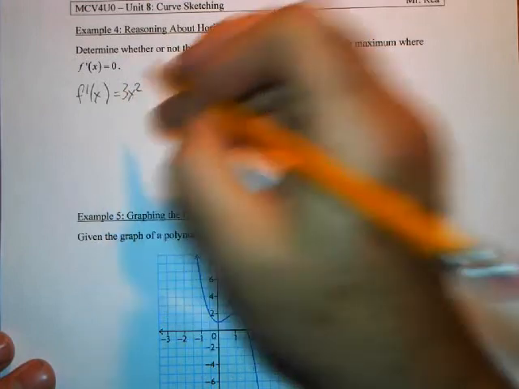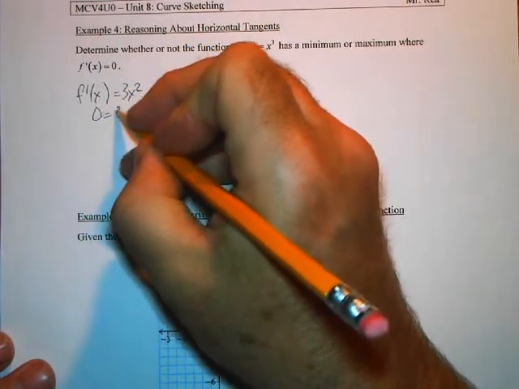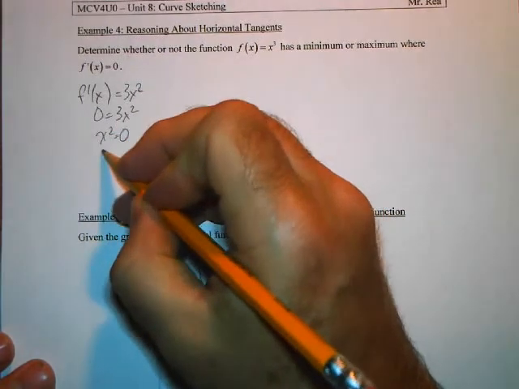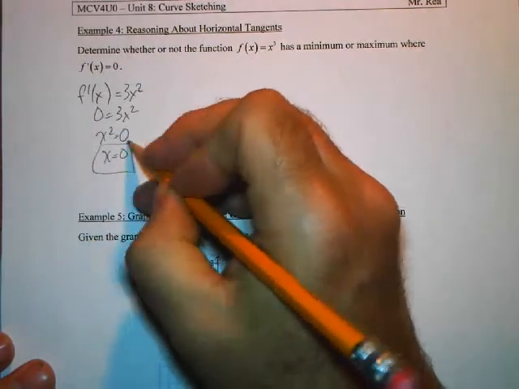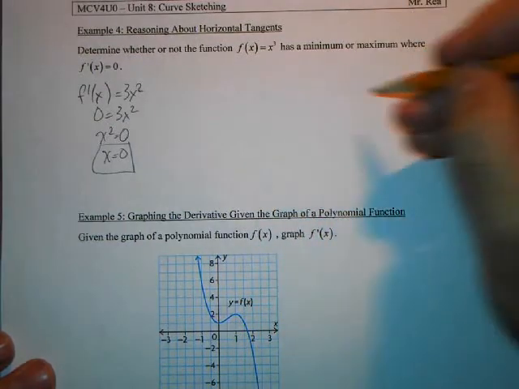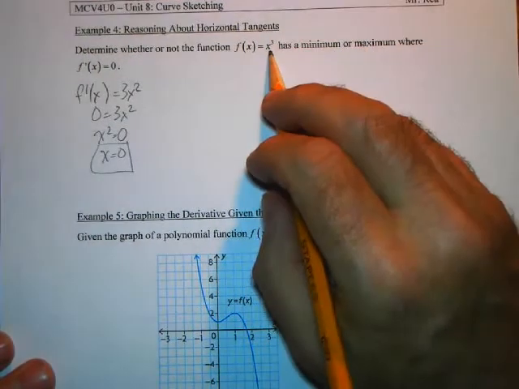If you set that to 0, you get x squared equals 0, so x equals 0. So we have a critical value at x equals 0. And we probably already know what that looks like. Let's just pretend we don't.